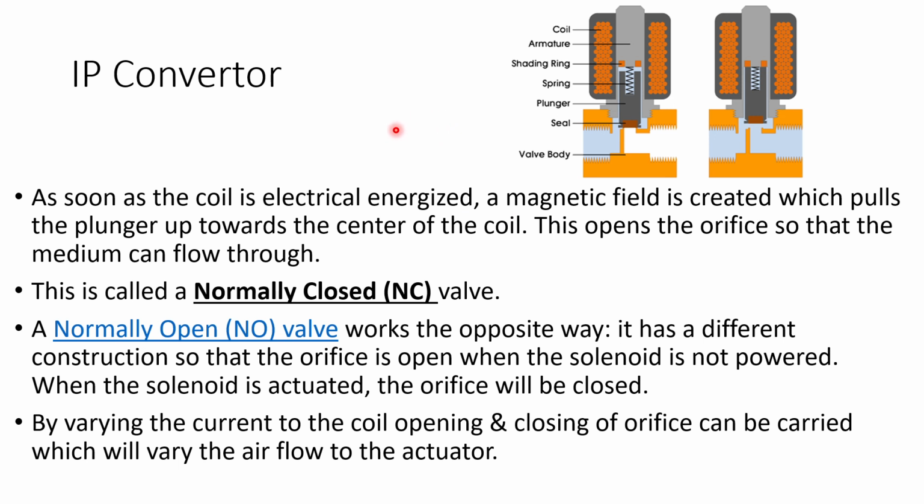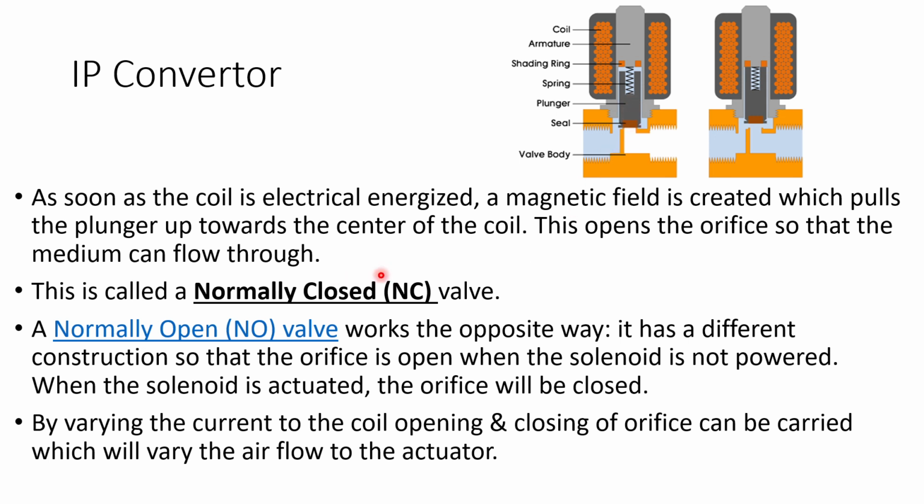Now, another very important component in the system is the I to P converter, that is current to pneumatic converter. So what happens? It has got a magnetic coil, an armature, this is a shading ring, you can see the spring, and this is the valve seat.